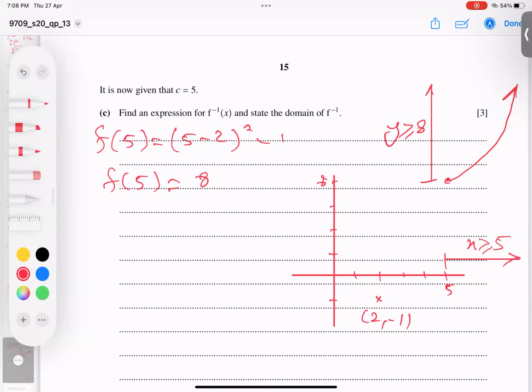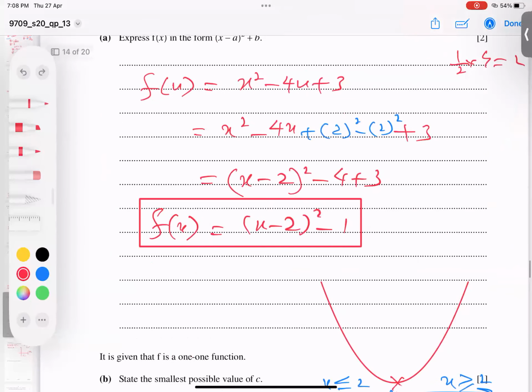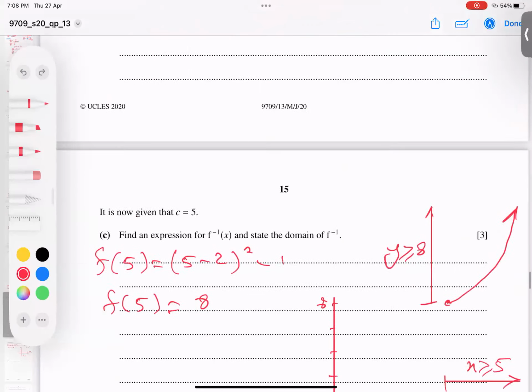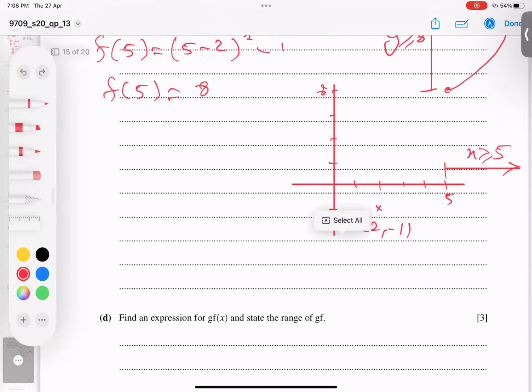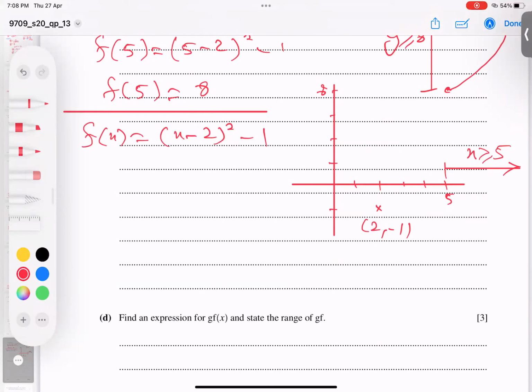For your knowledge, what about the expression of f inverse? How to find the inverse expression? I'm starting with the inverse here. So f of x equals x minus 2, whole square, minus 1. Step number 1, remove the function name and write y.